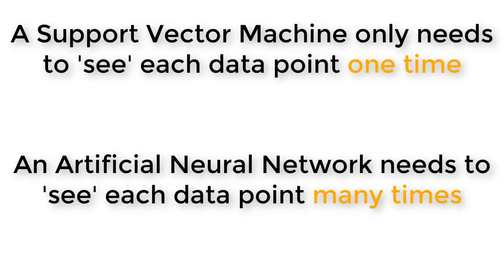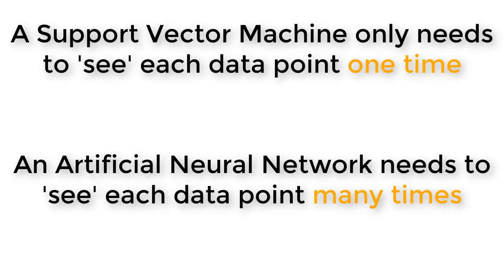We tell the neural network how far away the classification that it gave is from the correct classification. That amount of error in the classification then goes through a process known as backpropagation, where we change the values of the weights on all of the neural connections in the network.